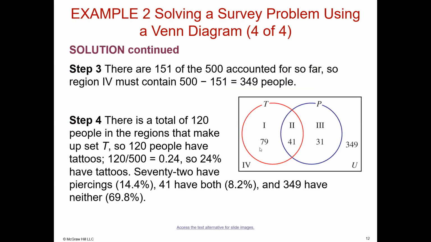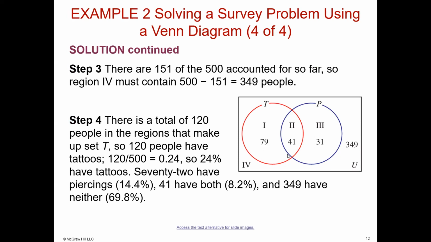We would take those who have only a tattoo, 79, and add to that only those who have a body piercing, 79 plus 31, which nets us what? 110. And do you agree we would subtract that from 151? Correct. And that would leave only those who have both a tattoo and a body piercing.